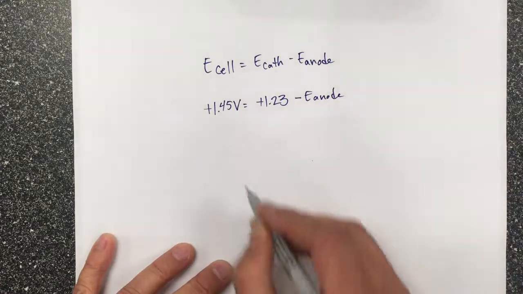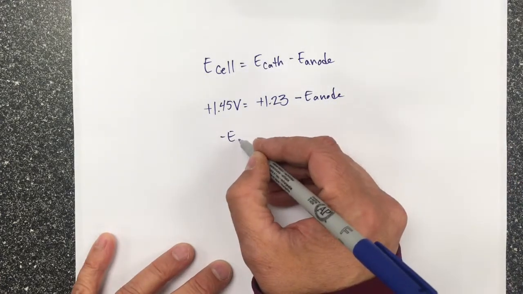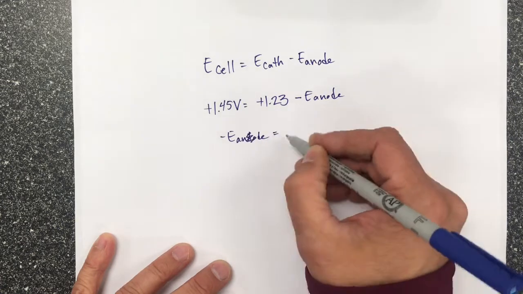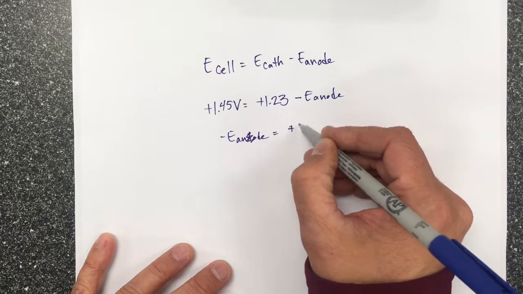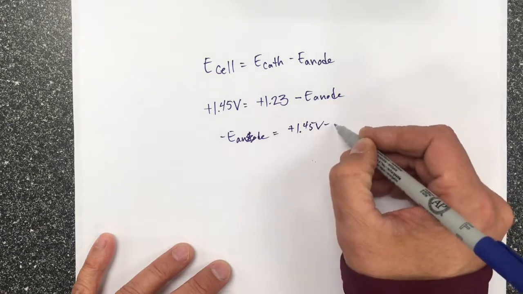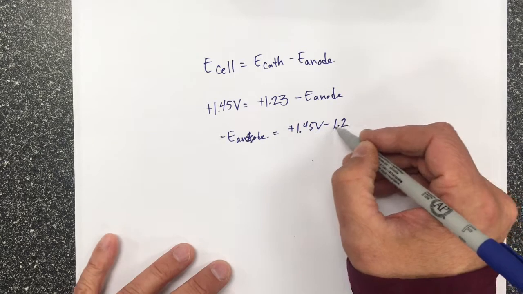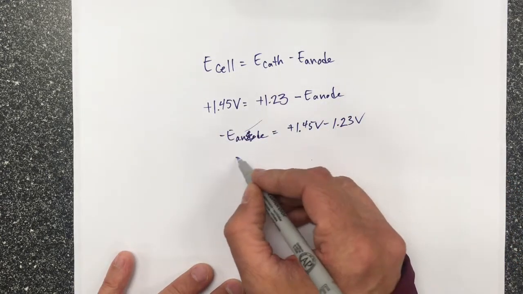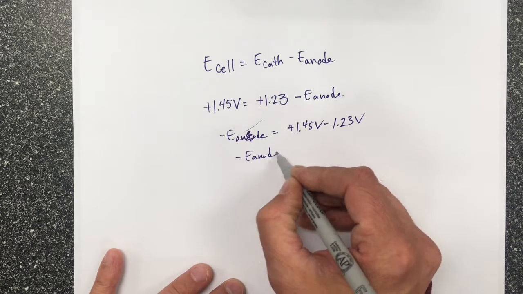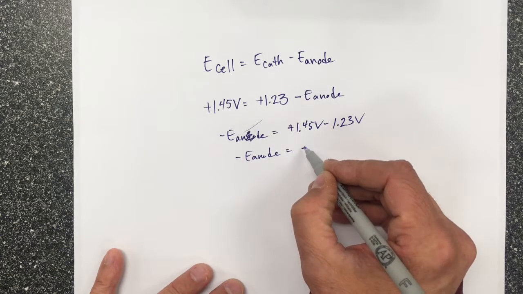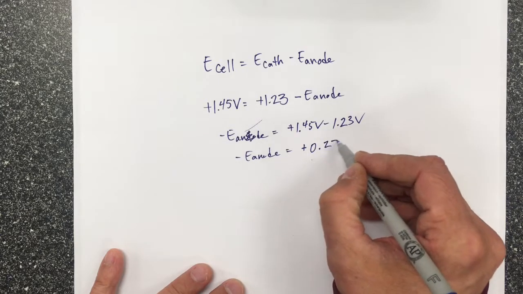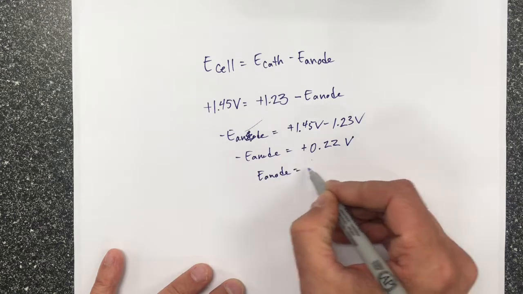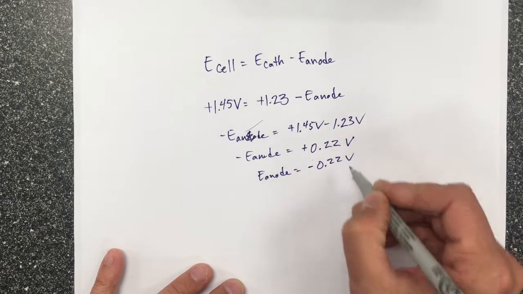So I can solve for negative E anode, which is going to equal positive 1.45 volts minus 1.23 volts, because I'm carrying this over to the other side, so I subtract it. So the negative E anode will equal positive 0.22 volts. So E anode equals negative 0.22 volts.